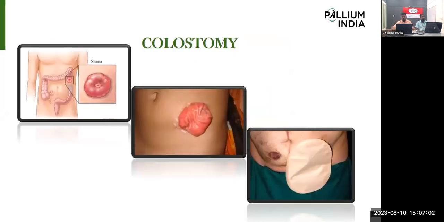This one is the picture of the colostomy. A normal stoma looks like this. And the last picture is of an appliance. Can anybody tell the name of that appliance?